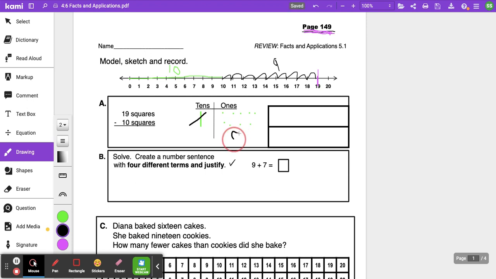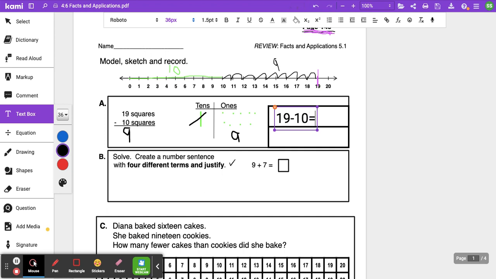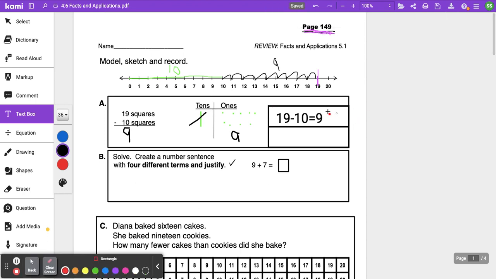I'm left with 9 ones. So that would be my answer. 19 squares minus 10 squares is 9 squares. And we write our equation over here. 19 minus 10 equals 9. And we want to put our answer box showing the 9.